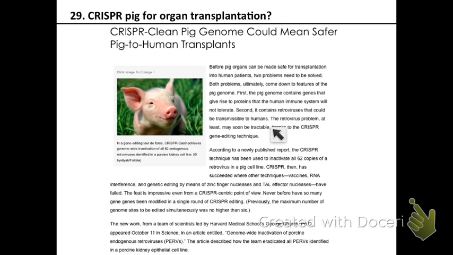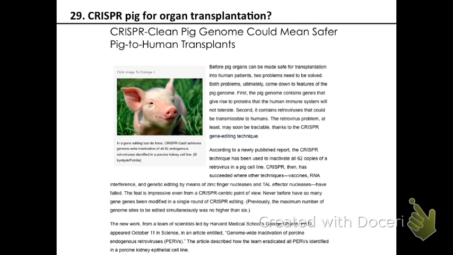And that's not good if it jumps into the human genome, because we know that transposons can cause a lot of mutations, right? So in this experiment, they created a transgenic pig where they used a Cas9 enzyme and targeted it to cut at retroviruses and completely eliminate them, so knockout.